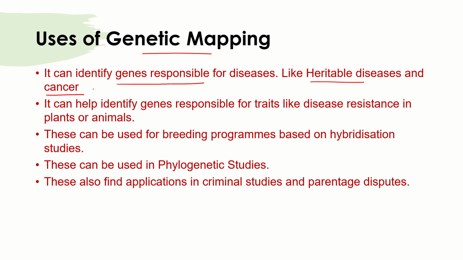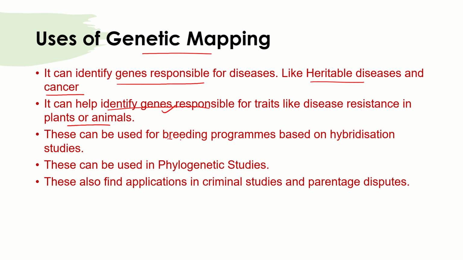So it's a kind of pre-information that can be obtained from these studies. Then it can help identify genes responsible for various traits. For example, in plants we study resistance, and in animals there is resistance. Those traits can be recognized by using these markers.